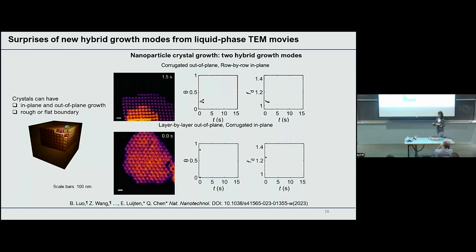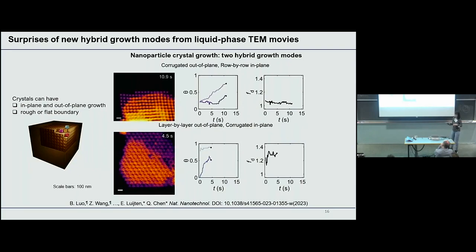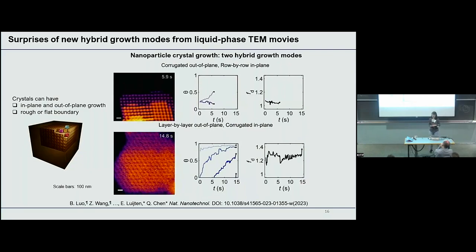So in-plane is layer by layer or row by row. On the contrary, in the movie below, the 2nd layer only starts to grow when the 1st layer is completely finished. So out-of-plane is layer by layer, but the shape of each layer is very rough. This is another example of mixed growth modes.